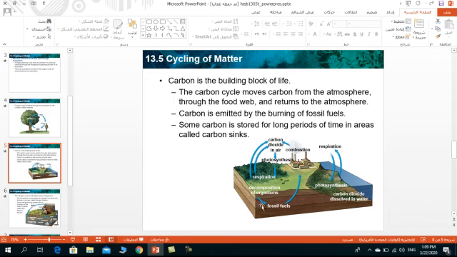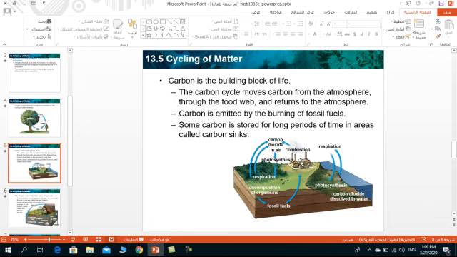The burning of fossil fuel and wood leads to the formation of carbon dioxide, as well as the emissions which come from factories and automobiles. You can see here the combustion of the factories leads to the release of carbon dioxide also.